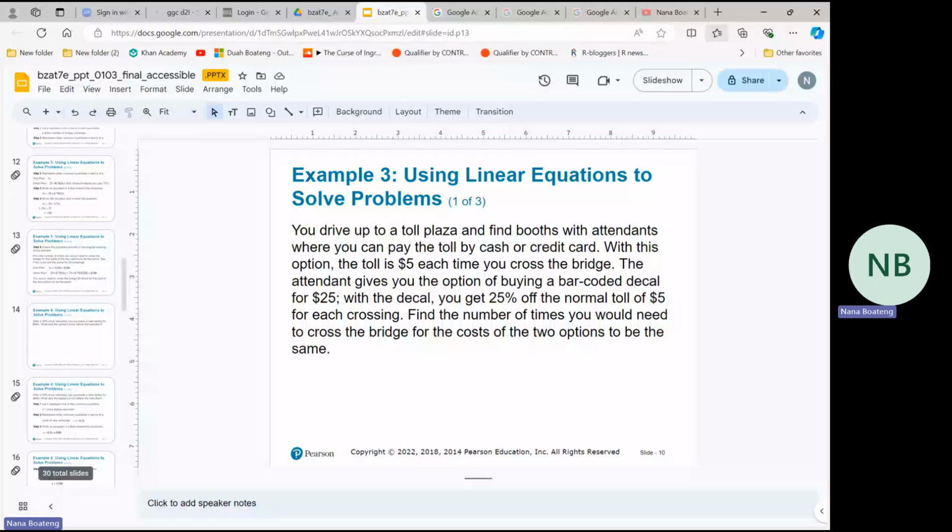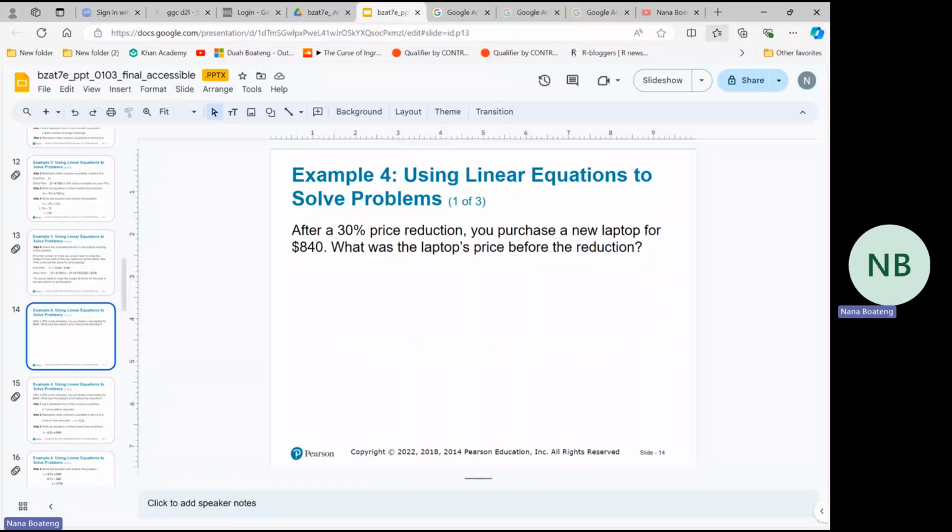All right, so example 4 says after a 30% price reduction, you purchase a new laptop for $840. What was the laptop's price before the reduction?